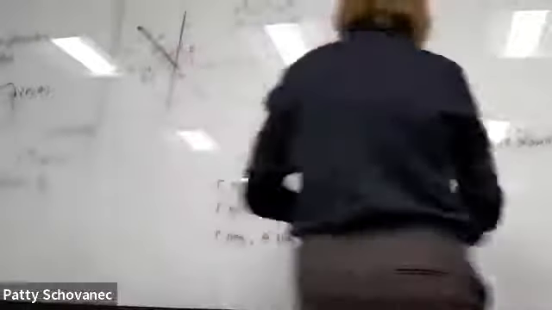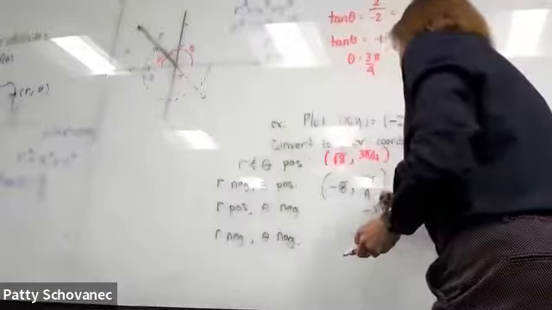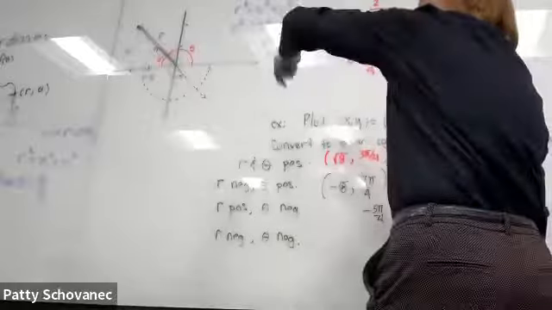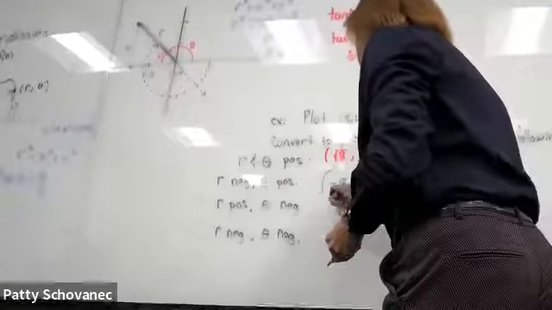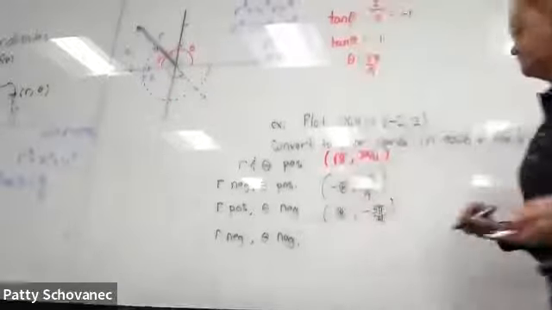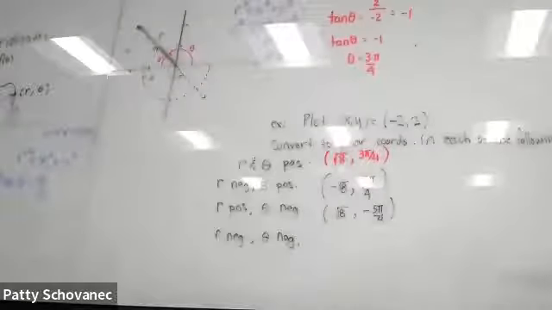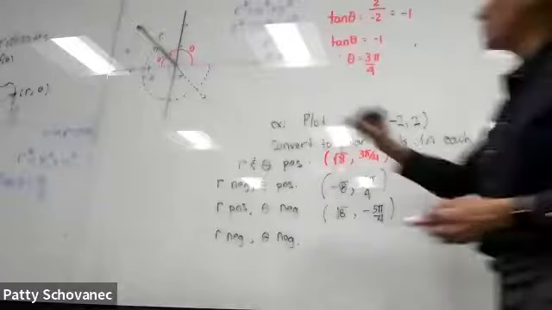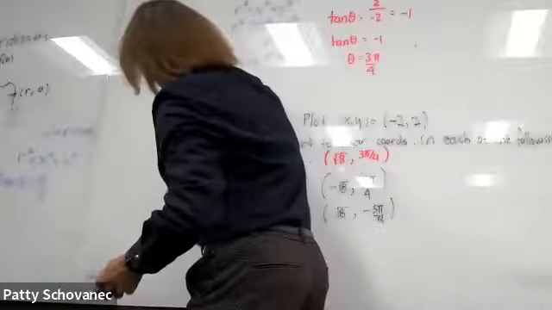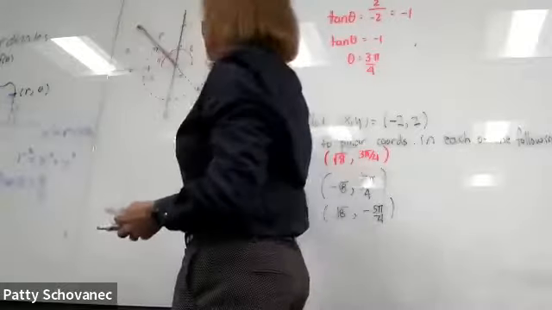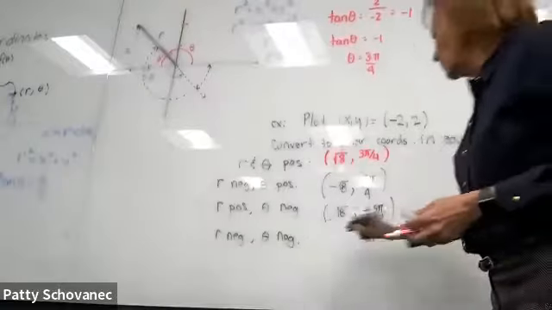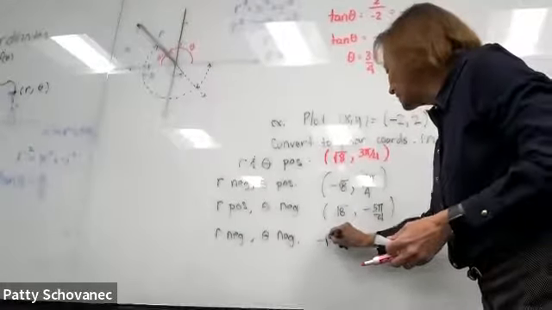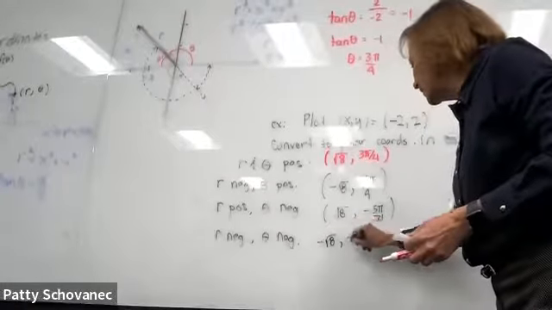So theta is negative 5 pi over 4, takes me to that solid black ray. So it has a length of square root of 8. Now how are we going to get r negative and theta negative? We just go to the dotted part of that line, negative pi over 4, and then flip it back by making r negative. So negative square root of 8, negative pi over 4.